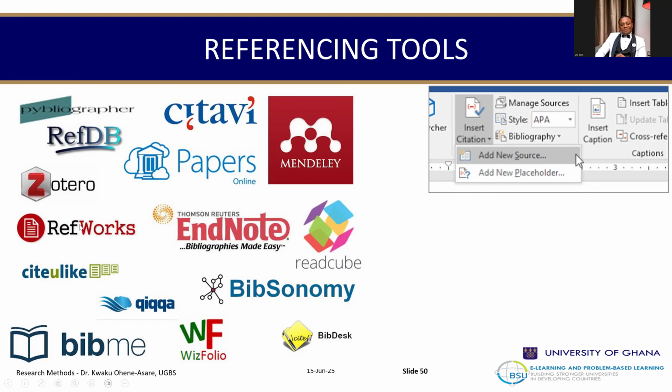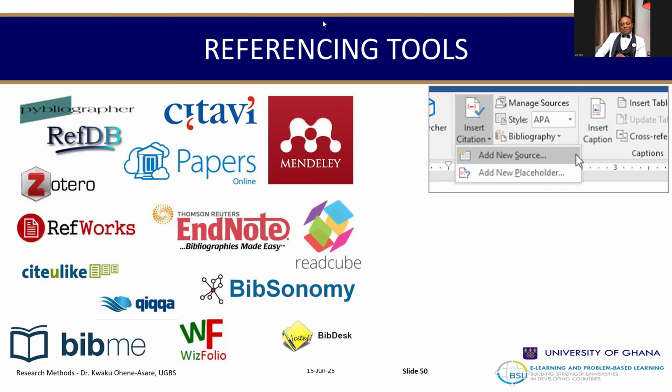So there are several free ones that you can get. Any of them will work very nicely. When you get one, it's nice to stick with it. Word also has its own one that you can play with, and I've given you a picture of that, which you can play with as well.